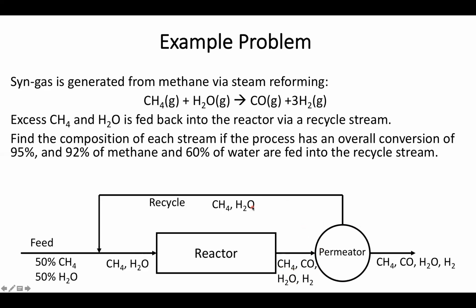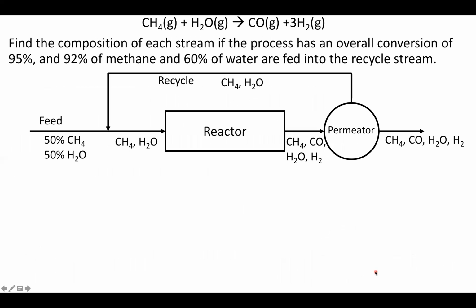So this is actually going to be a bit of a tricky system. We're also going to want to figure out the percent conversion or the efficiency of the reactor itself, and not just the overall process.